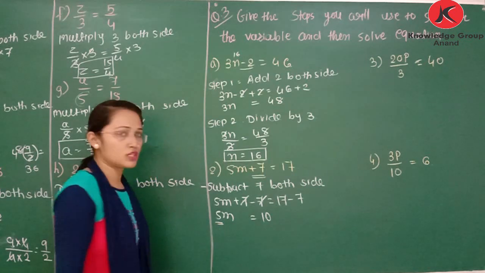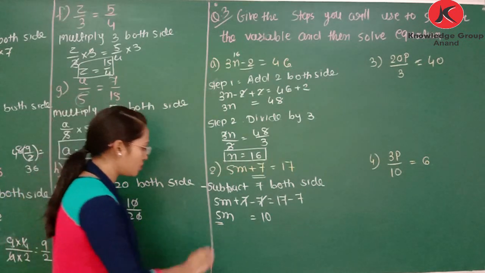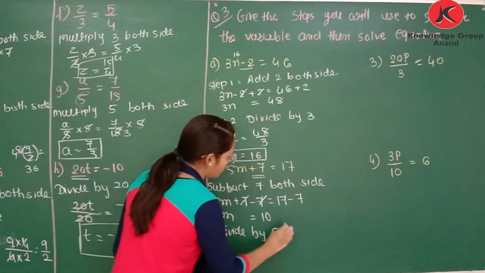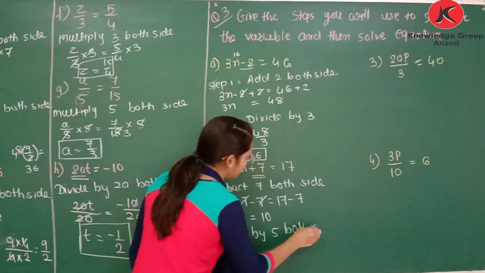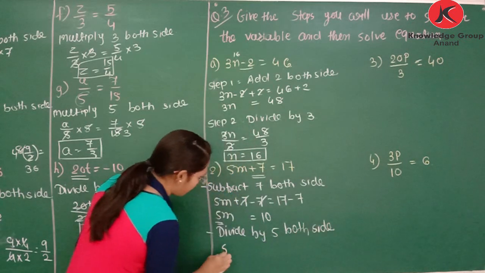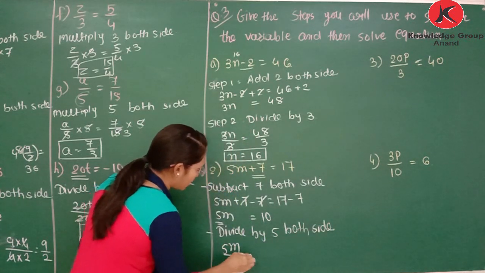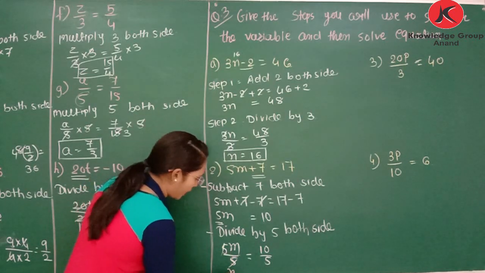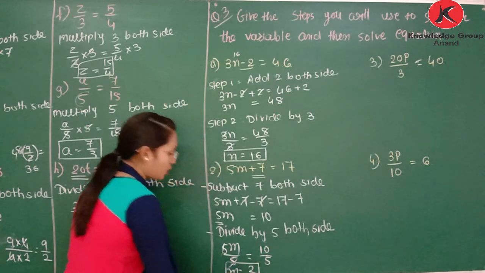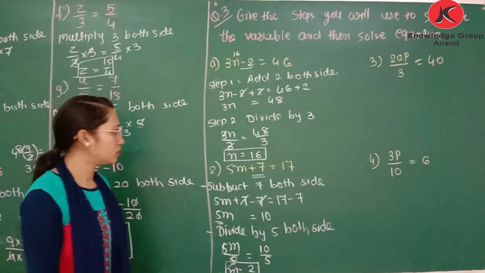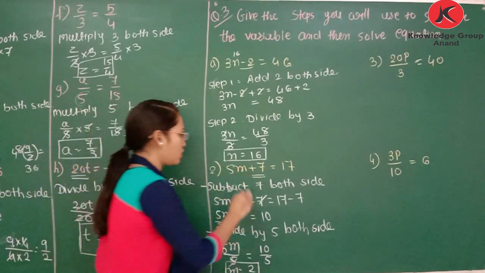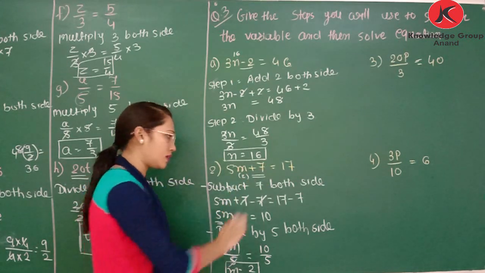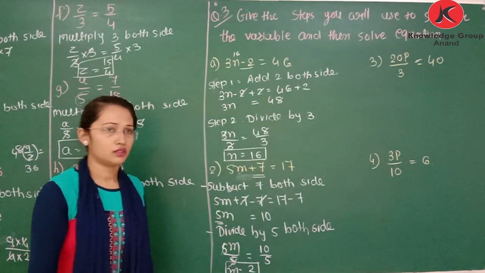Now we need to remove this 5, that is in a multiplication. So divide by 5 both sides. That is 5n by 5 is equal to 10 by 5. You can remove this 5, n is equal to 2. If you want to check your answer, then you need to write the value of 2 here. 5 2s are 10, 10 plus 7, 70. So your answer is correct.